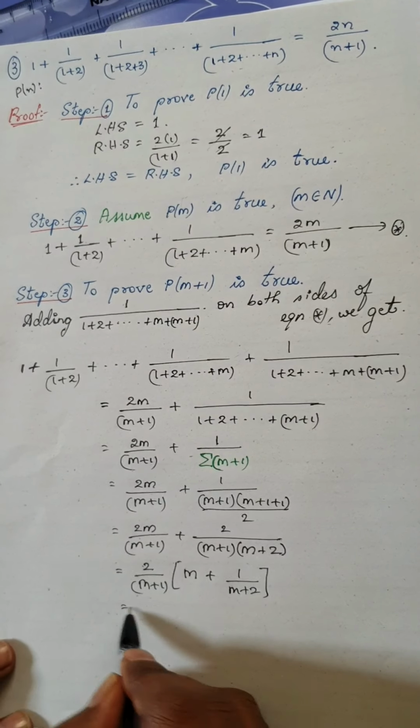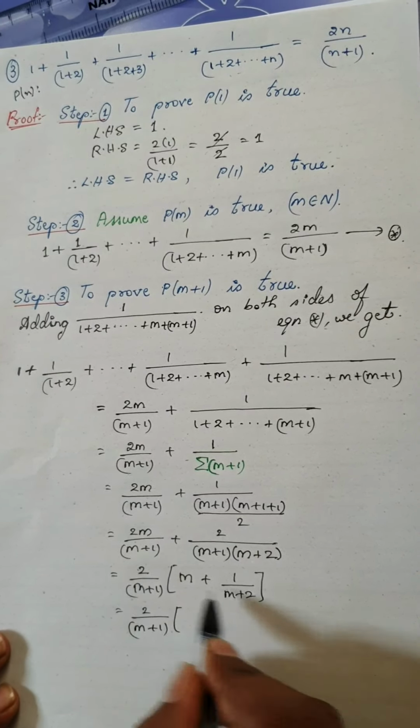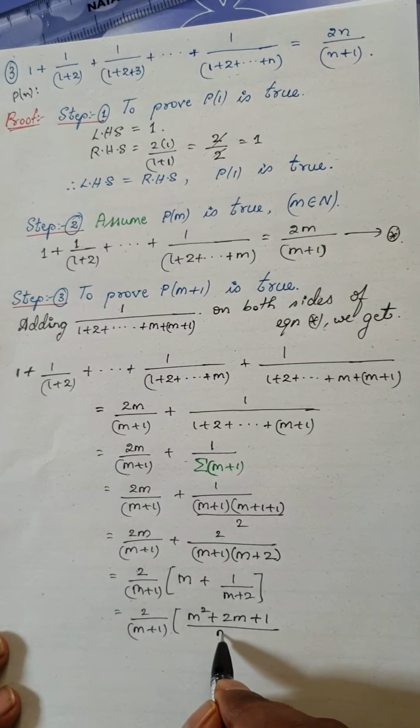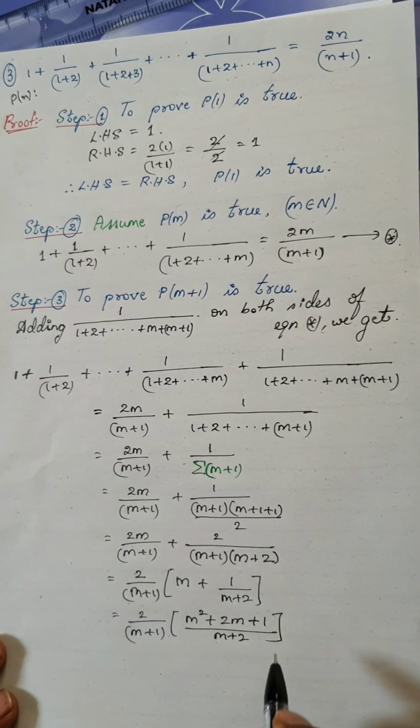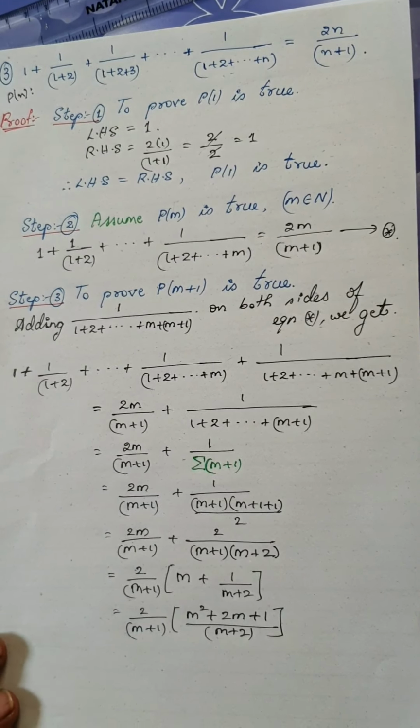So this will be, you have 2 divided by m plus 1 into, if you cross multiply you will get m into m plus 2 is m square, plus m into 2 is 2m, plus 1, divided by m plus 2. Okay, now I'm going to leave the next step for you as a homework.